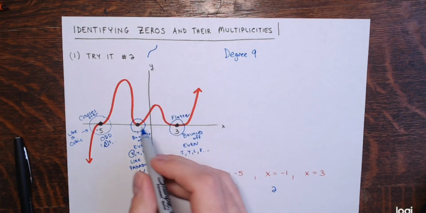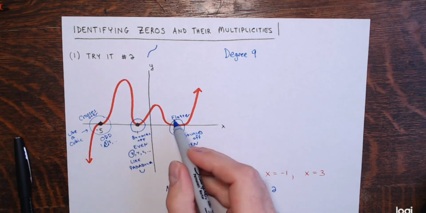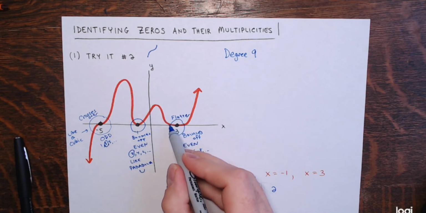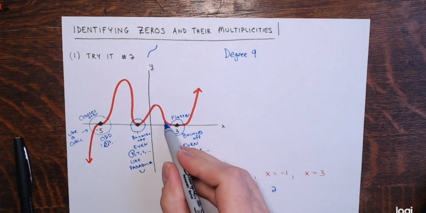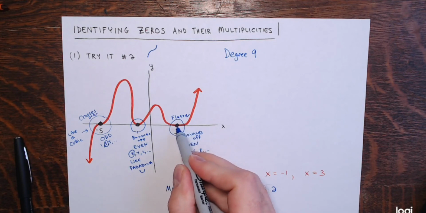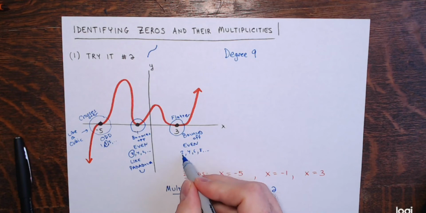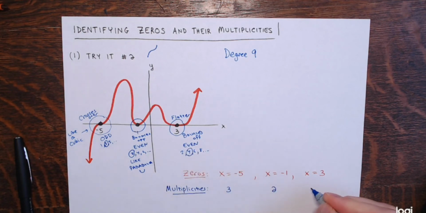It's not just coming in, touching, and coming right back. It's coming in more flatly, in a flatter fashion. So I would say it has a higher multiplicity than 2, and I'm just going to say 4 because that would add up to 9. We want the multiplicities to add up to the degree.